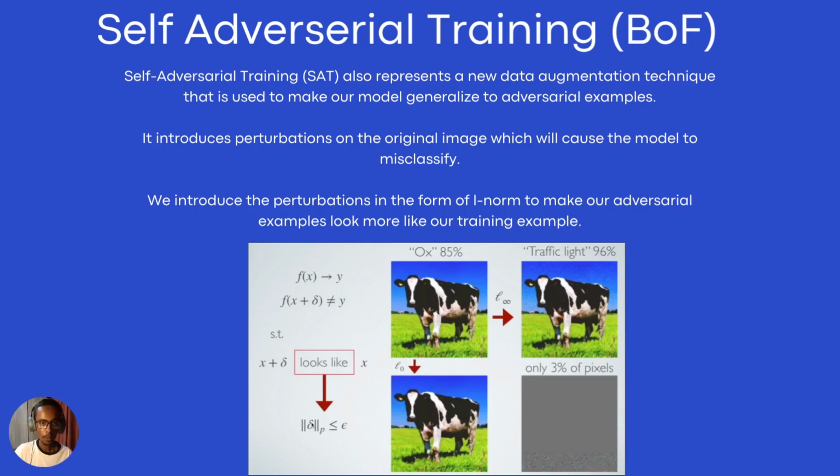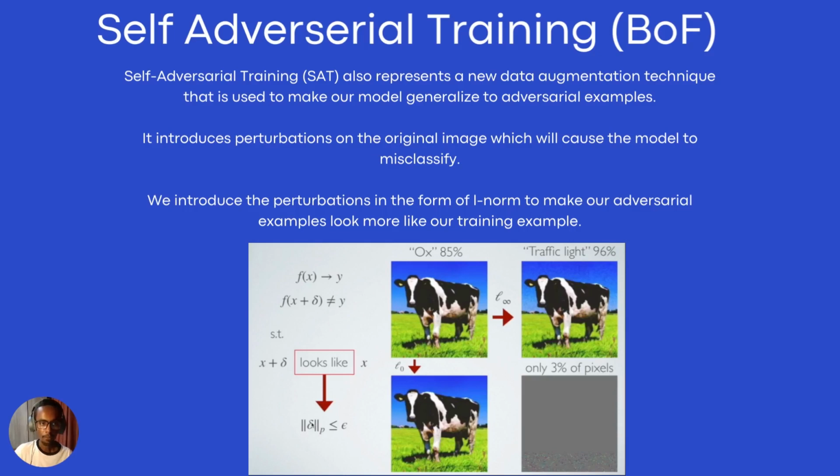Instead of predicting an ox, it will give you a prediction of a traffic light. So we intentionally introduce small perturbations on the input image so that our model can adapt to changes to our original image.